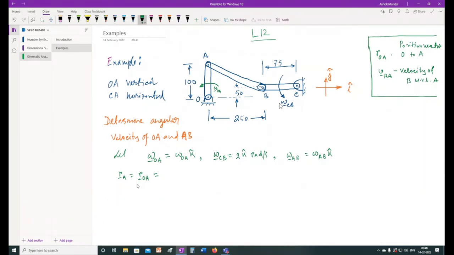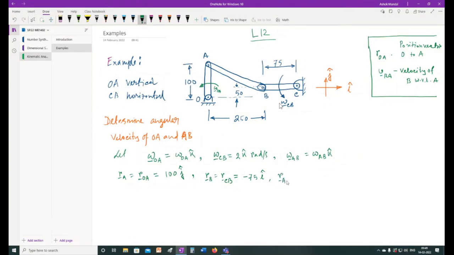What is the dimension RA? Can somebody tell me what this vector RA is? 100 j, in the j direction, right? And what is this RB vector? RB is nothing but RCB, C is a fixed point. What is this? Minus 75 i.